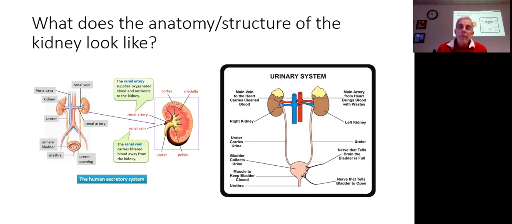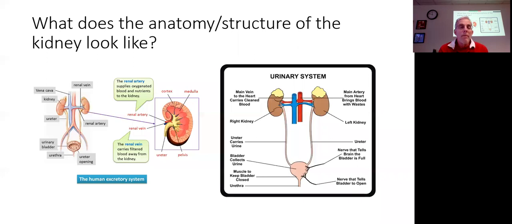And there are a couple of different mechanisms that tell you when you need to expel the urine. That's done by the nervous system to the brain and back again. There are all kinds of muscles and sphincters involved when it comes to the bladder and the urethra, which leads to the outside of the body.